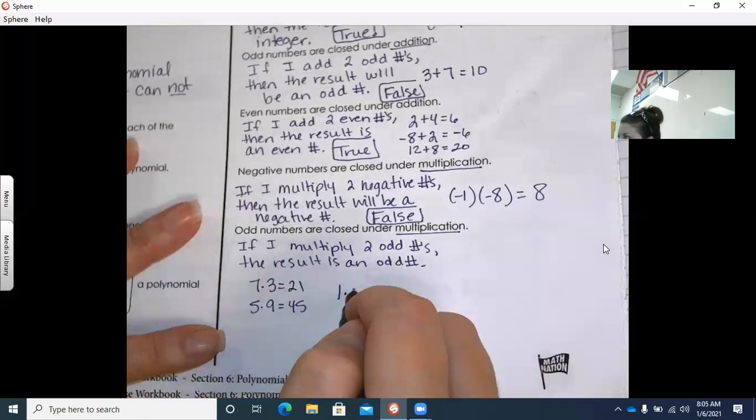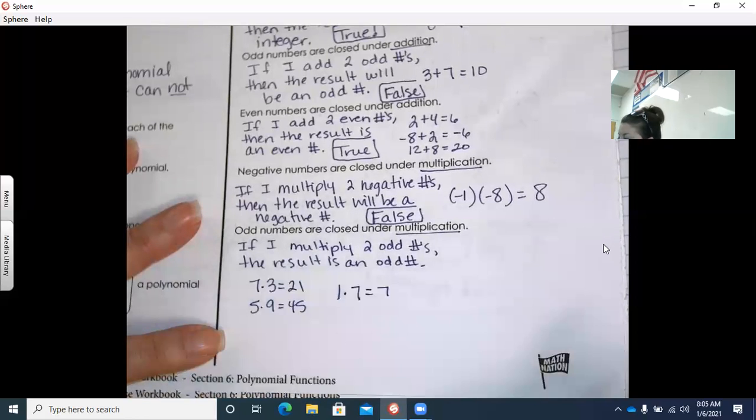All odd numbers. 5 times 3 is 15. All odd numbers. Anybody think of anything that would make it false? No, every time you multiply two odd numbers together, you're always going to get an odd number. So this one would be true.